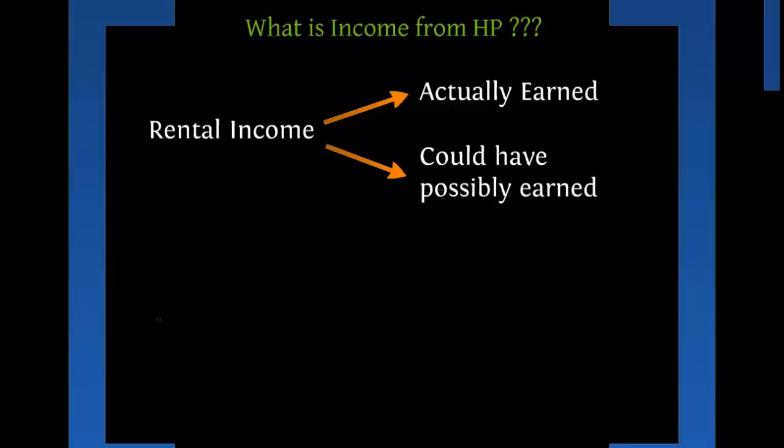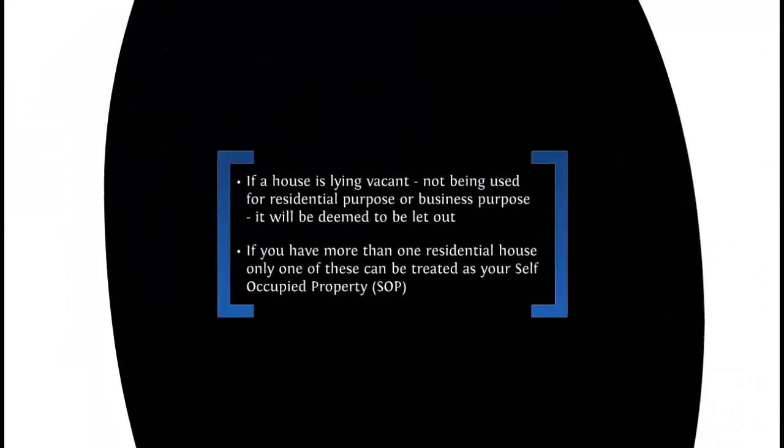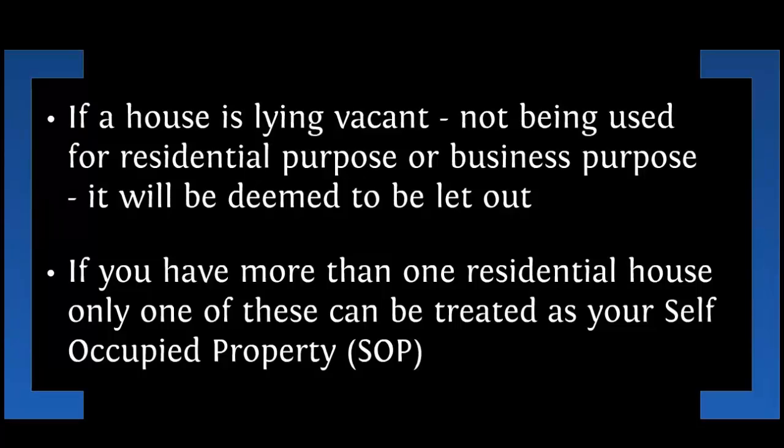Let's zoom in on this factor a little bit. Let us say you have a house which is lying vacant, which is neither being used for residential purpose nor for business purpose. Now, if you have any such house, the income tax department will treat it to be deemed to be let out. Let me give you an example.